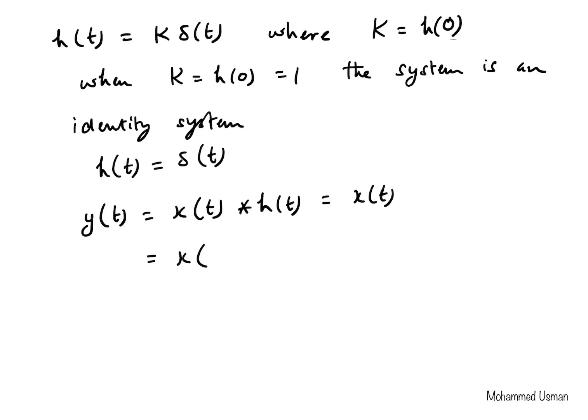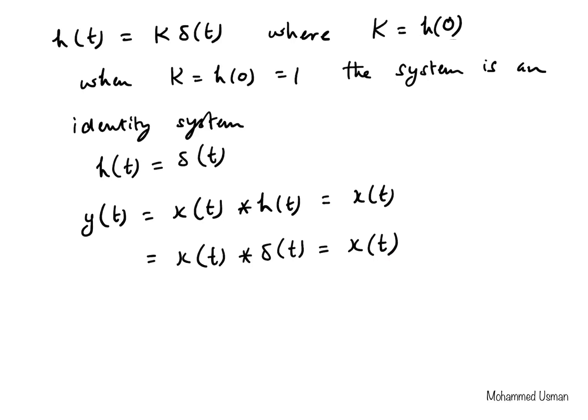It's an identity system, which is a memoryless system, so the output is equal to the input. Now h of t is equal to delta of t, so x of t convolved with delta of t is equal to x of t. Again, anything convolved with the unit impulse function gives us the same function.